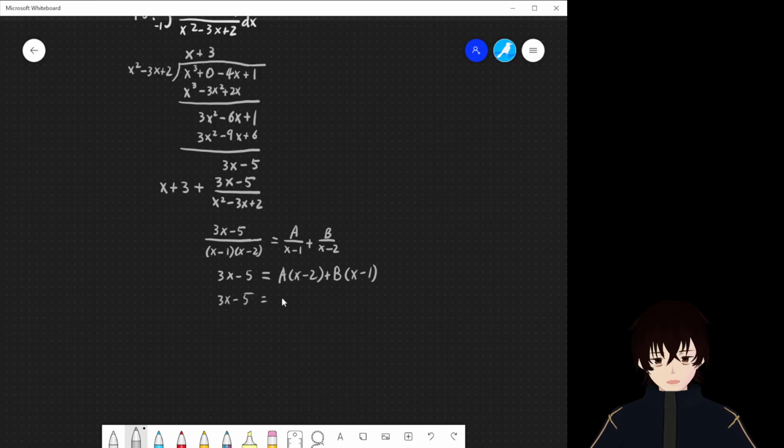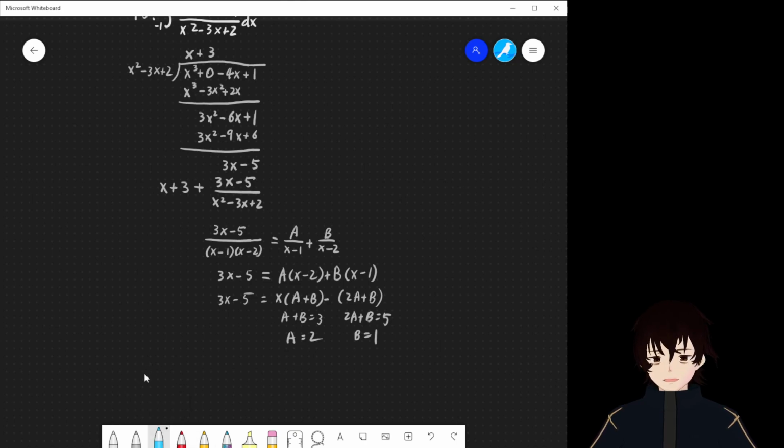So that's equal to x times (a plus b) minus (2a plus b). a plus b is equal to 3 and 2a plus b is equal to 5. That means a is equal to 2, b is equal to 1.